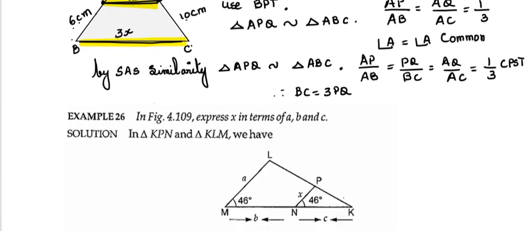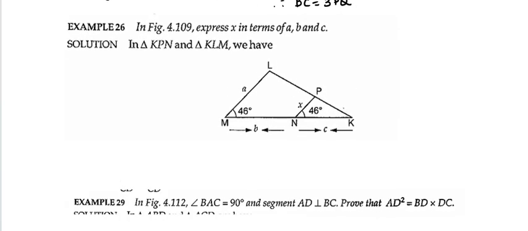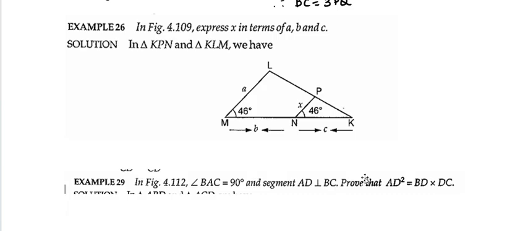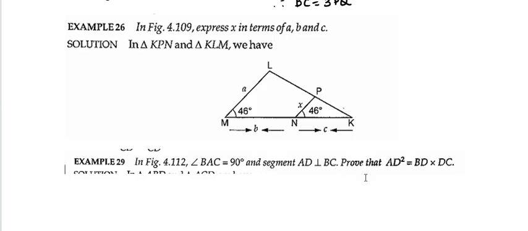The next sum is the same. They are similar. Why are they similar? Angle K common. These are all MCQs. Angle K common and these two are equal. Therefore, triangle KPN is similar to triangle KLM, by AA similarity. I am skipping these since they are MCQ.